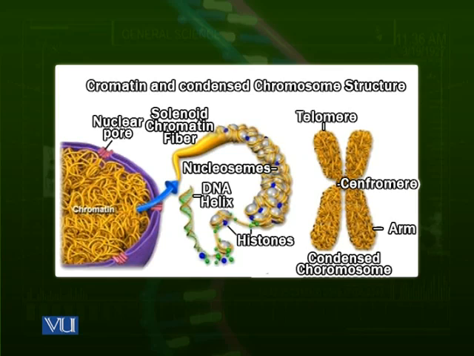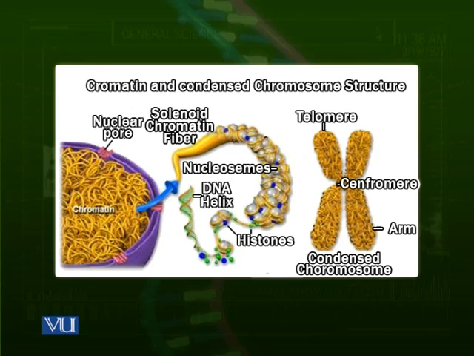Around each histone set, as you can see in the diagram, the DNA fiber is wrapped around two times. Then if we open it further and separate it from the proteins, then we can see the DNA helix separately from the proteins. This phase or this structure is actually found when the cell is not dividing, that is, these are not condensed.